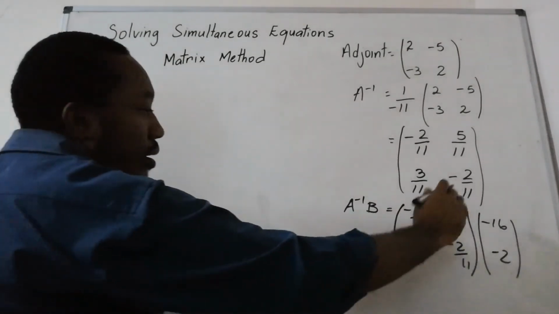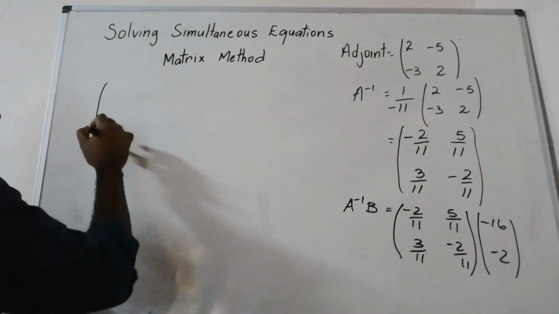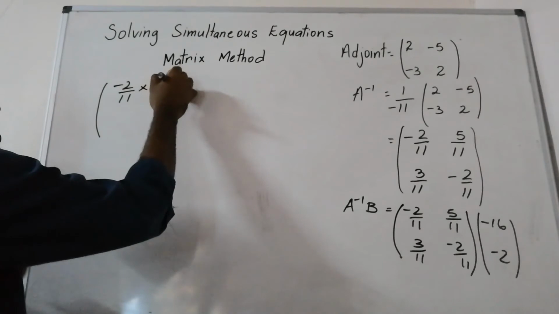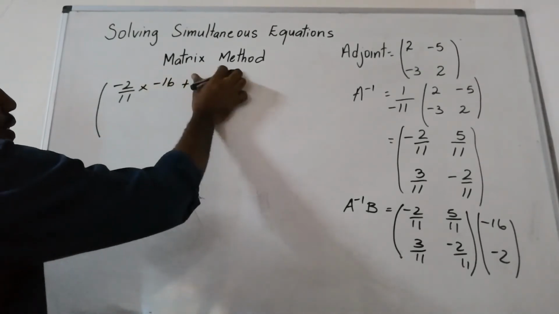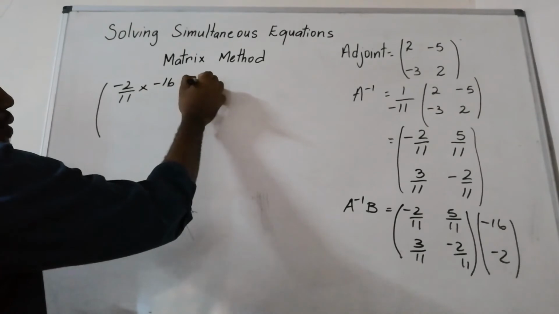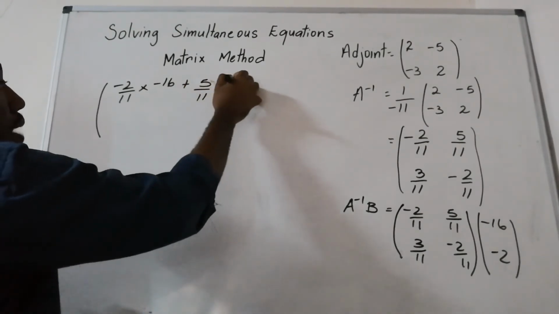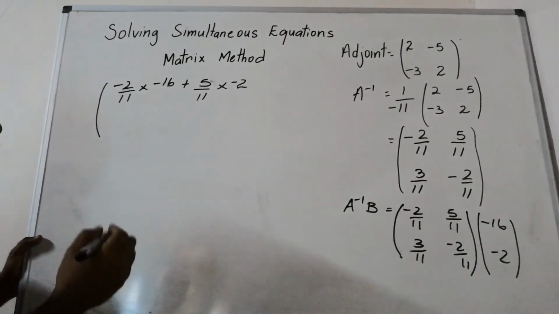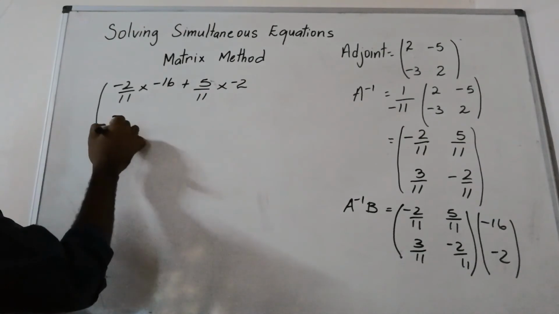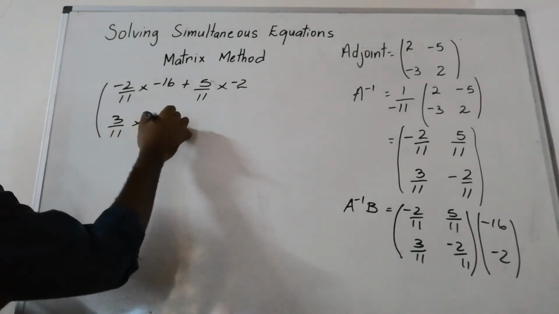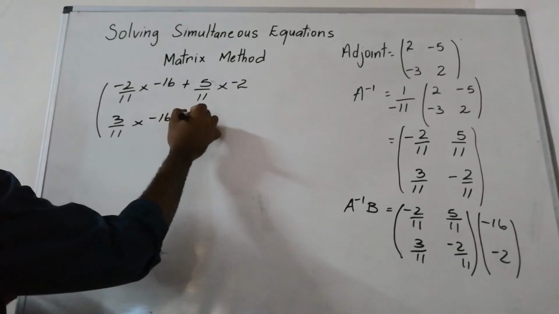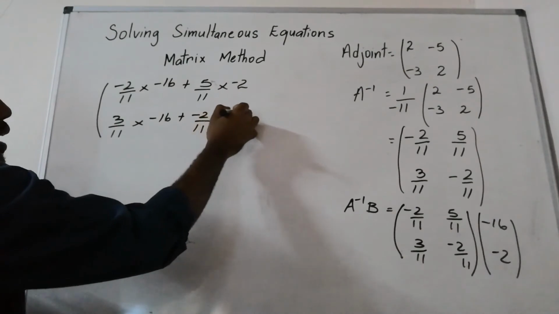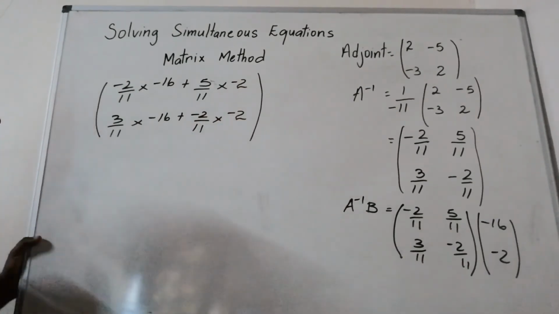So we have row by column, which will give us minus 2 over 11 times minus 16 plus 5 over 11 times minus 2. Then we will have 3 over 11 times minus 16 plus negative 2 over 11 times negative 2. Right?